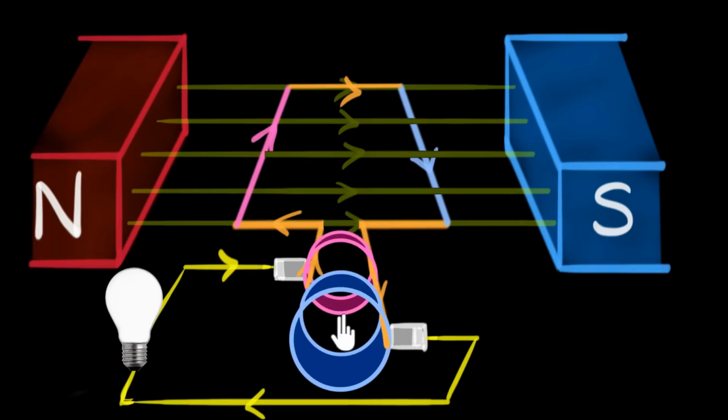So the pink ring is only connected to the left wire and the blue ring is only connected to the right wire. And these wires are connected to carbon brushes, which are also conducting. They are just touching these rings so that there is a metallic contact, but they're not stuck to it.